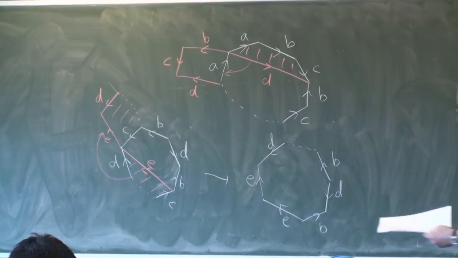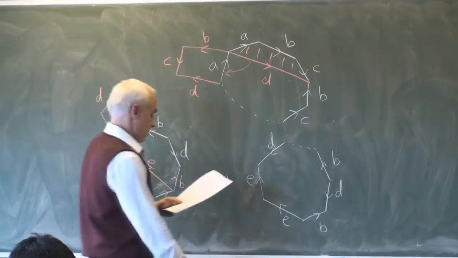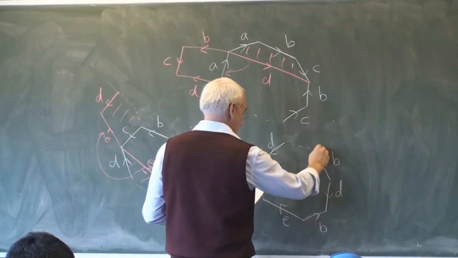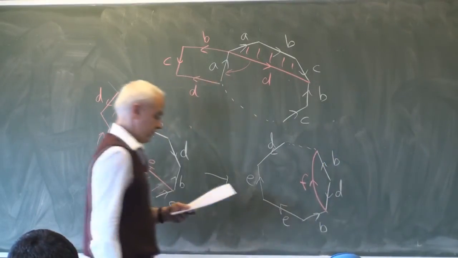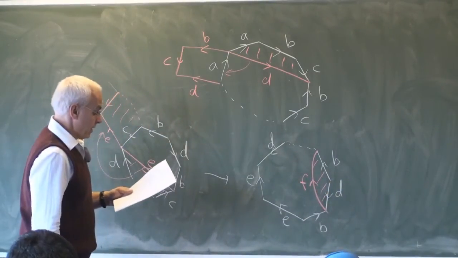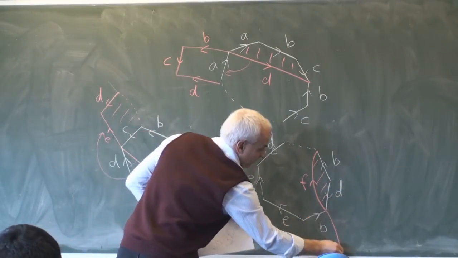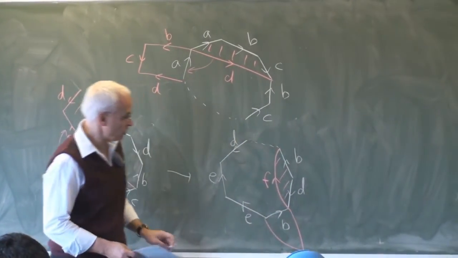Okay, good. And now we make one more cut, B, D. Cut this along, say, F, and we're going to move this down here and join the B edge to this B edge.